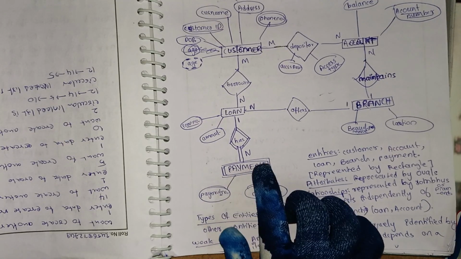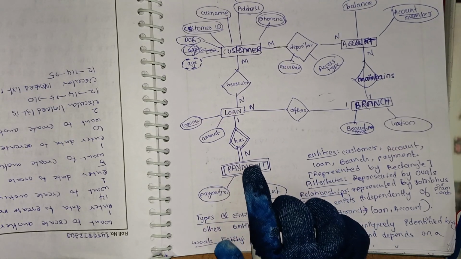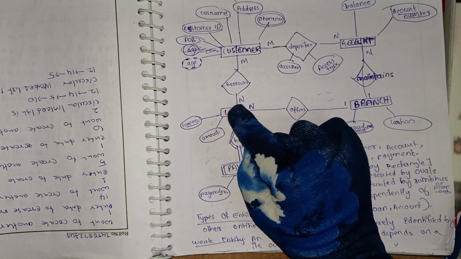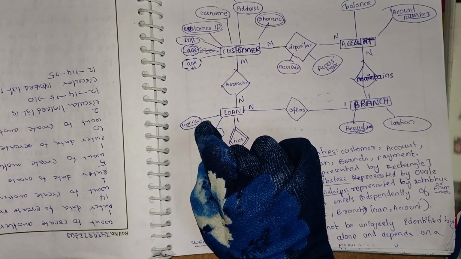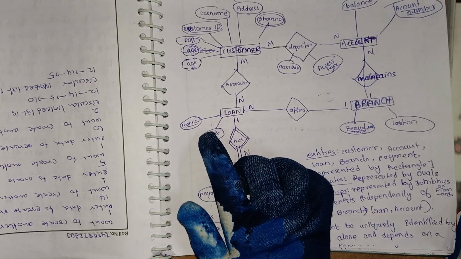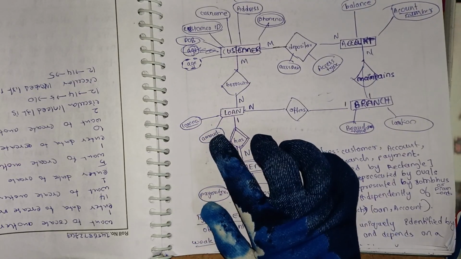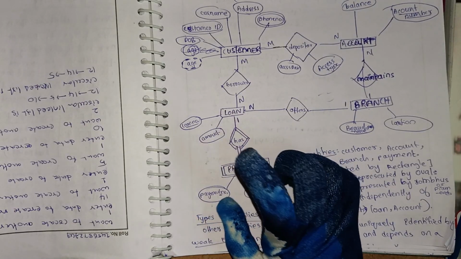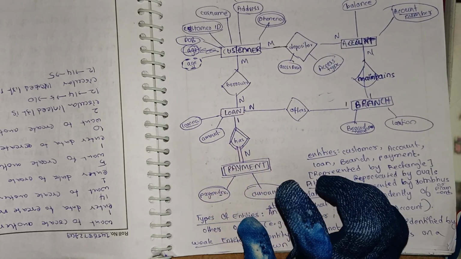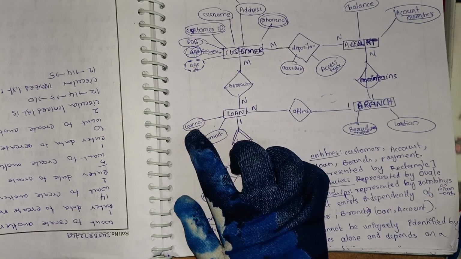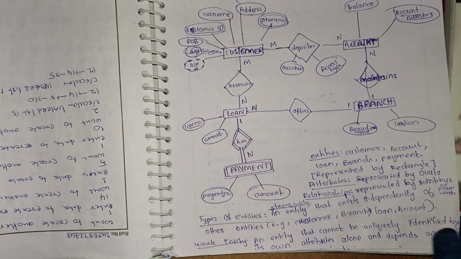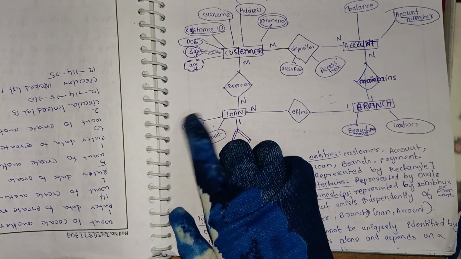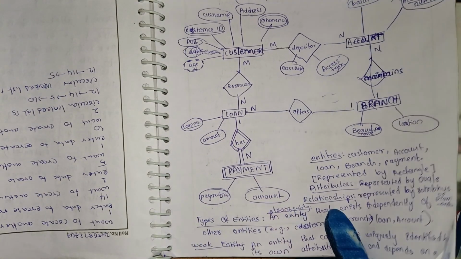It is dependent on the loan entity, which is a strong entity because it has a primary key. As per the definition of a strong entity, it should have a primary key, which in this case is loan number, indicated by an underlined oval.